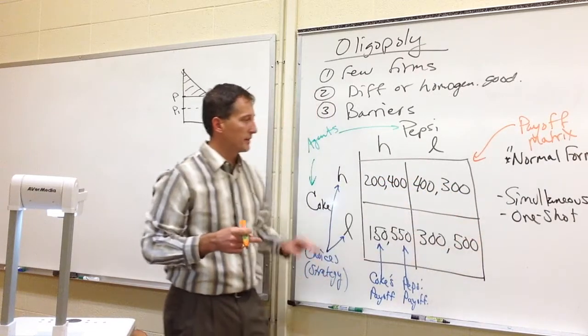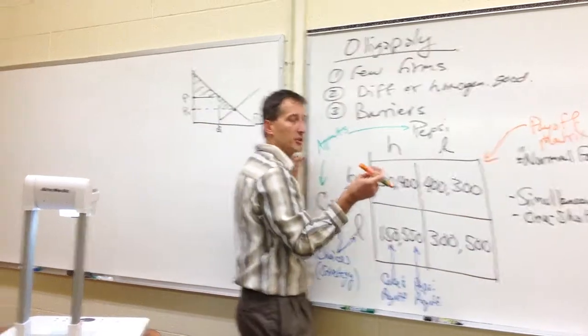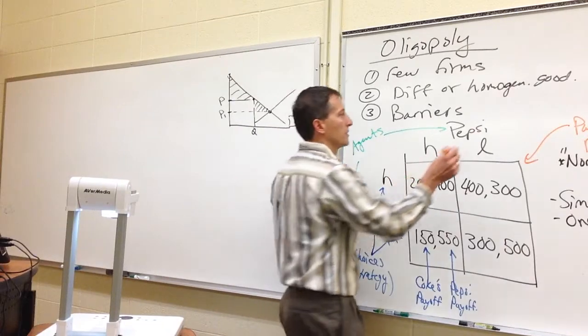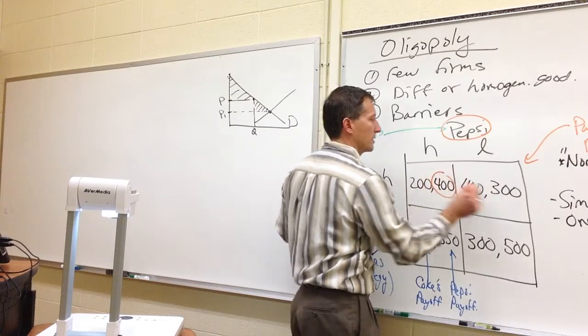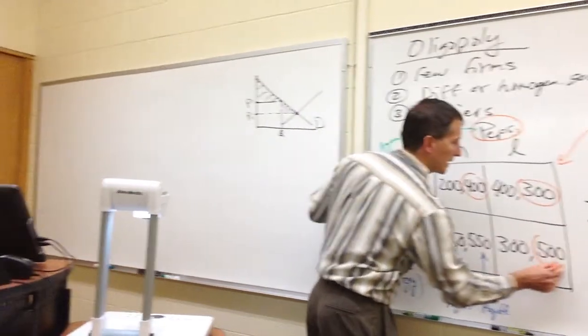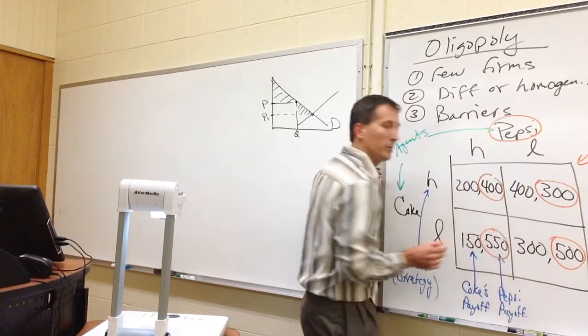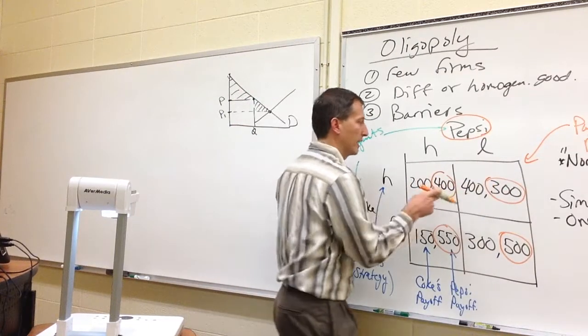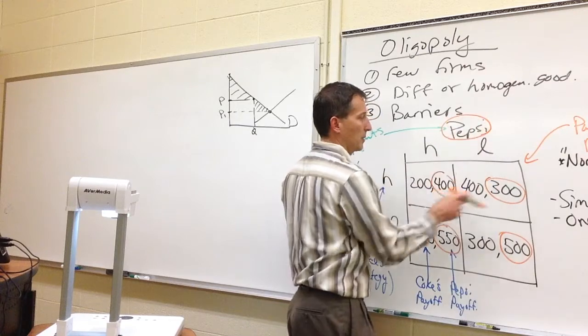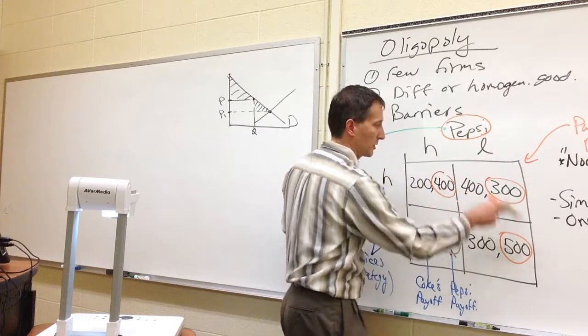There's one little trick that might help you do this on your paper even if you don't have colors: if this is Pepsi, you could circle all the second payoffs, because those are the relevant payoffs for Pepsi. Sometimes that helps train your eyeball as to which one to look at. So whenever we're talking about Pepsi, we're always looking at the orange circles.